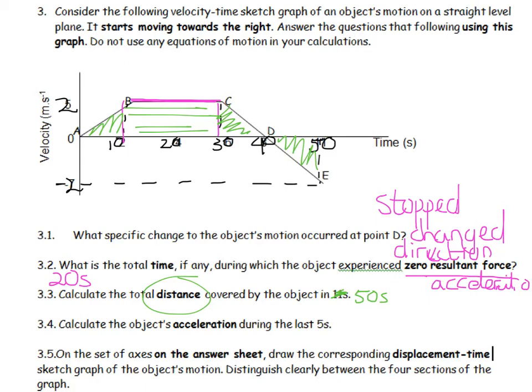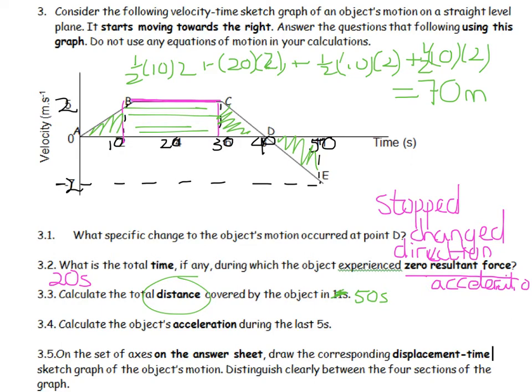So I am going to say half of 10 times 2. I then take the rectangle at 20 times 2, length times breadth, half of 10 times 2 again, half of 10 times 2 for the DE triangle. We add them all and we get 70 meters altogether.